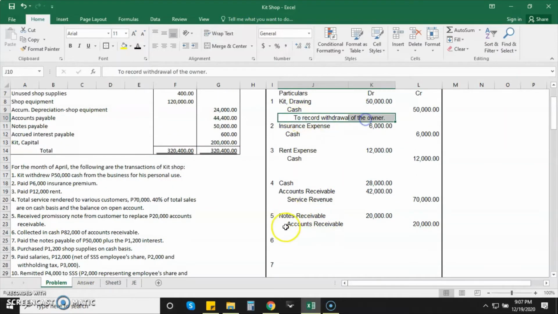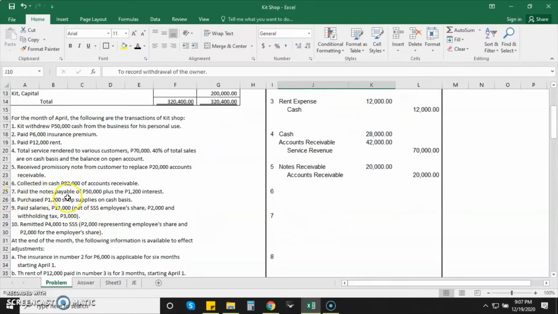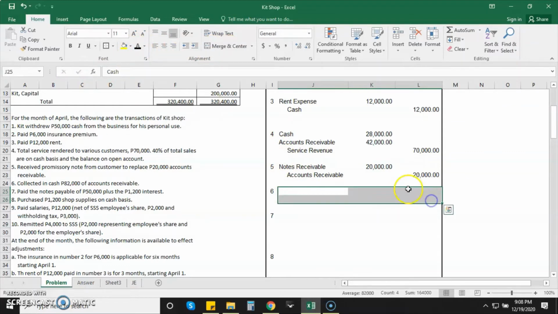It's like this. Number 6, collected in cash 82,000 of accounts receivable. You collected cash, so there is an increase in cash, debit or credit? Since cash is an asset, and the normal balance of cash is debit, there is an increase, so you should debit it. What is the counterpart of cash? It is your accounts receivable.